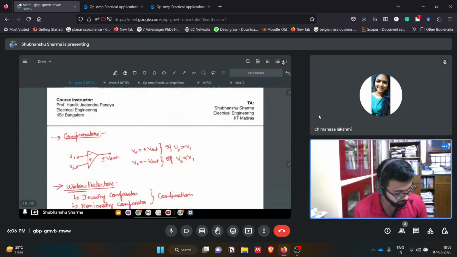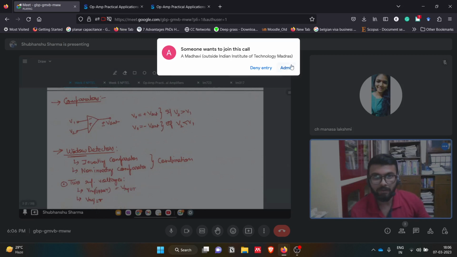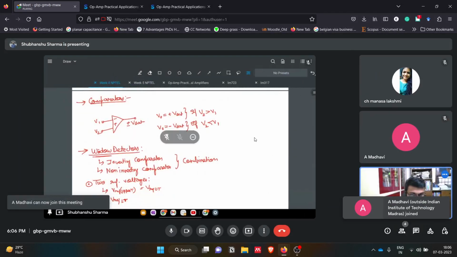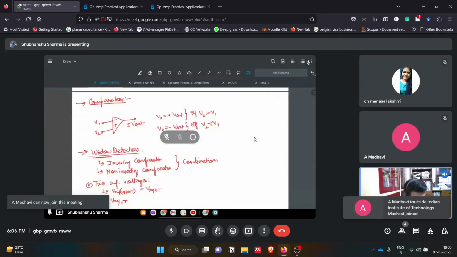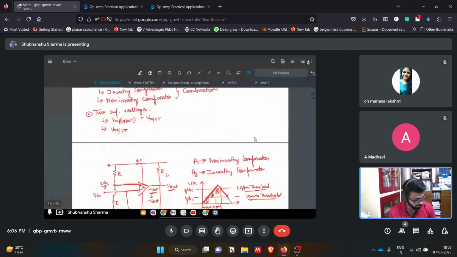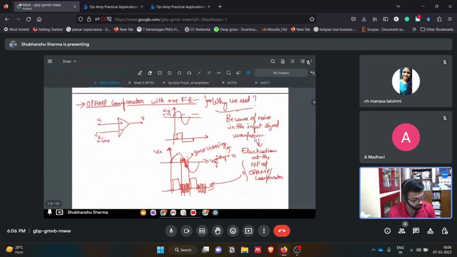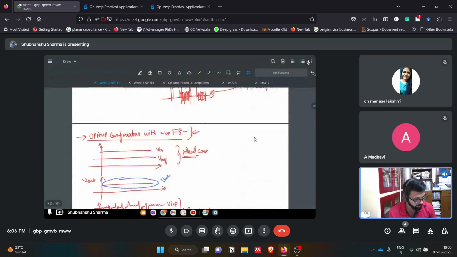In week 4, we talked about comparators, window detectors, and the working of window detectors. Then we talked about op-amp comparators with positive feedback and why we need them, because of noise.